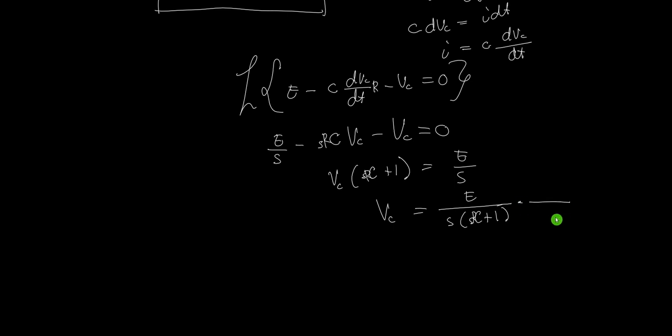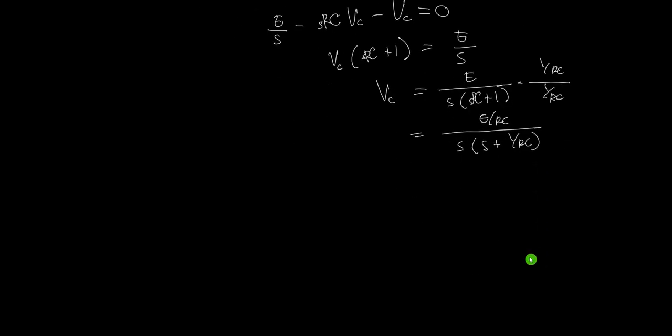So we need to multiply this one with 1 over RC, so that we have E over RC all over S. And if I multiply that here, this will become S plus 1 over RC. And this is the output now in S domain.